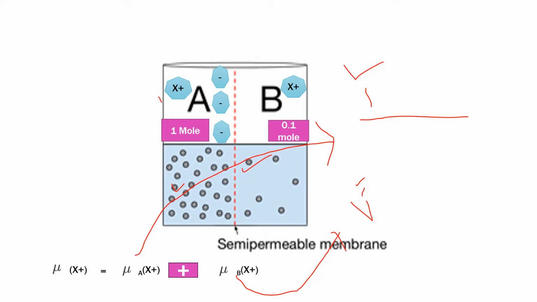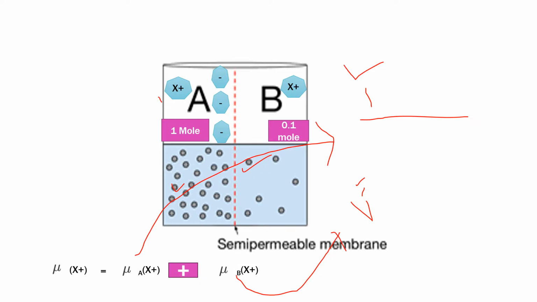If compartment A is more electrically negative, do you think it will allow the positively charged X plus ion to move to the other side? No, it will try to attract it. It will try to hinder the movement of X plus.